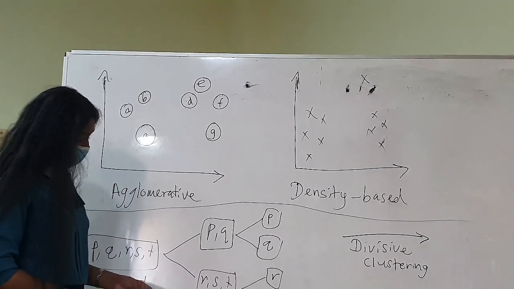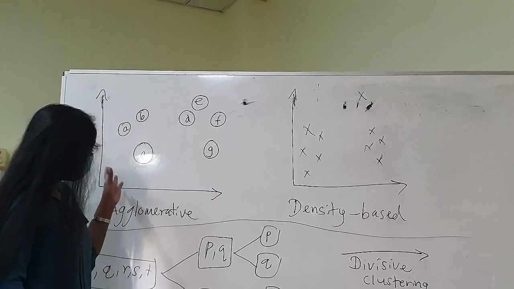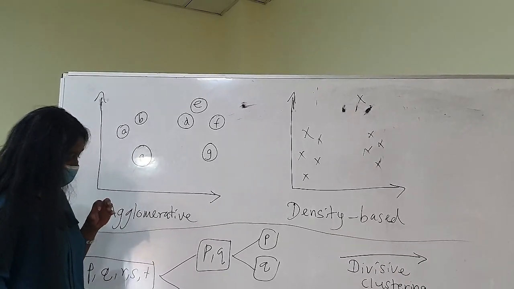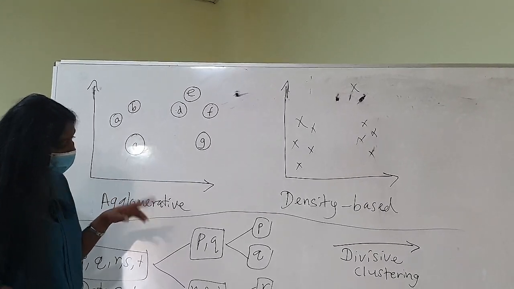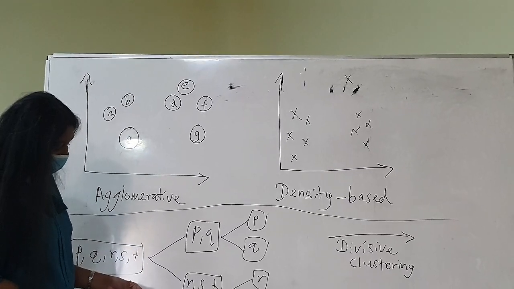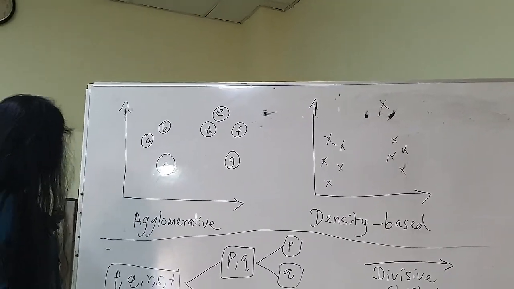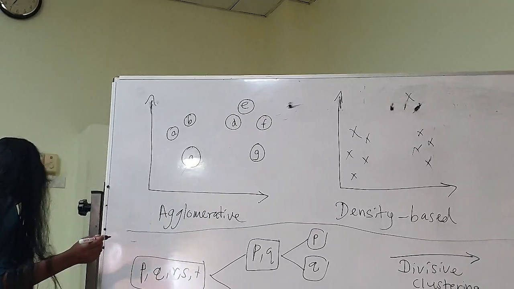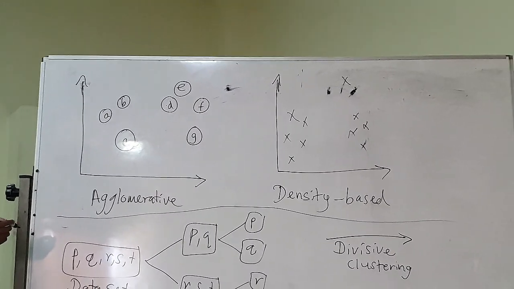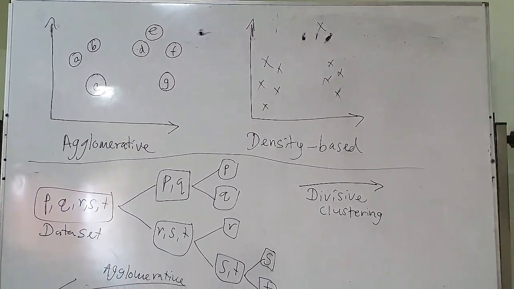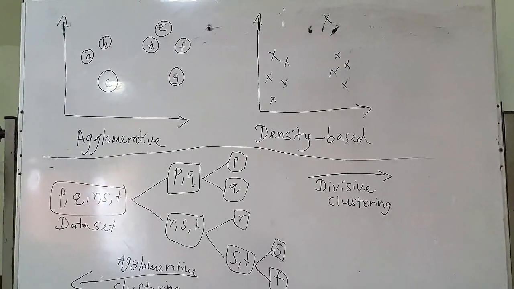The agglomerative approach is another name for the bottom-up approach. In here, all the data points are kept in the same cluster. The other one is divisive clustering, which is the vice versa of agglomerative clustering.